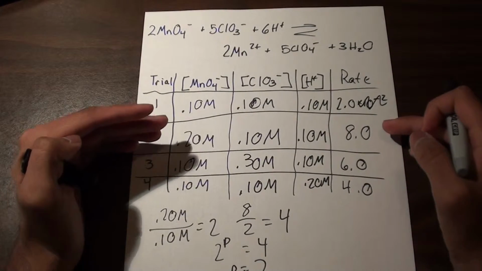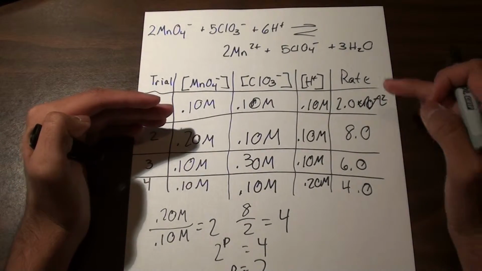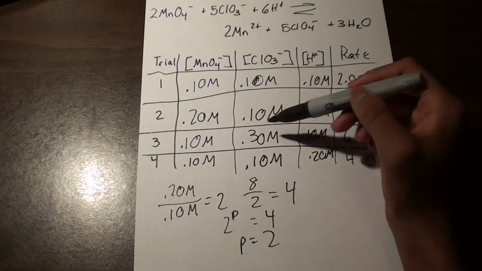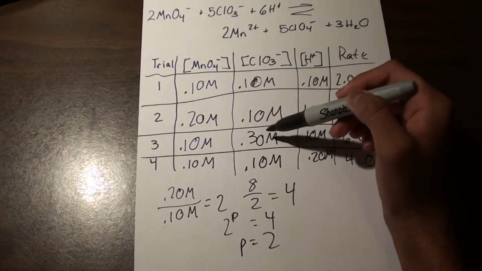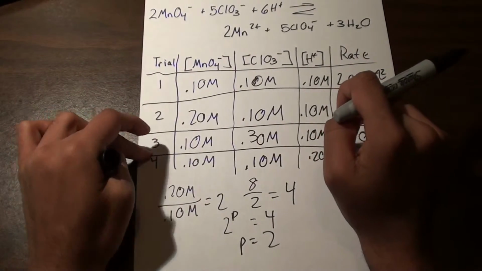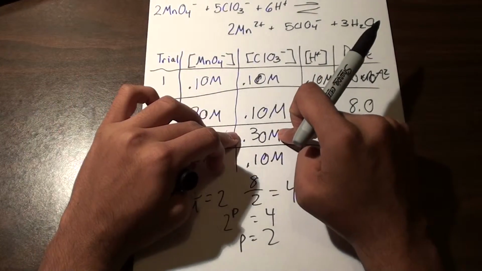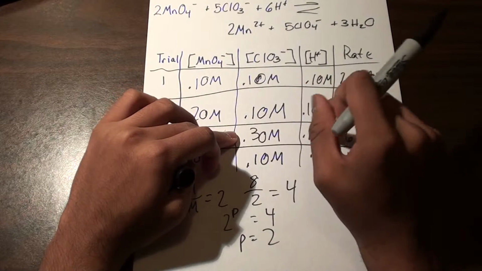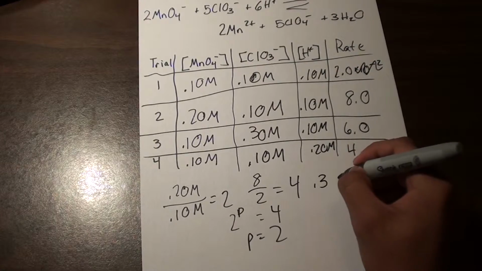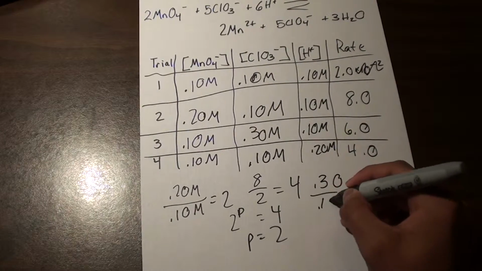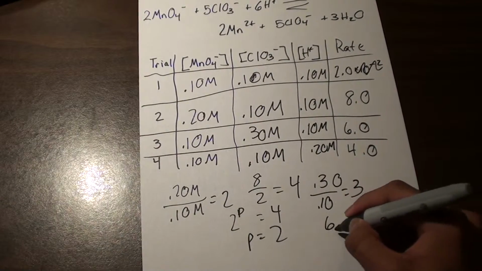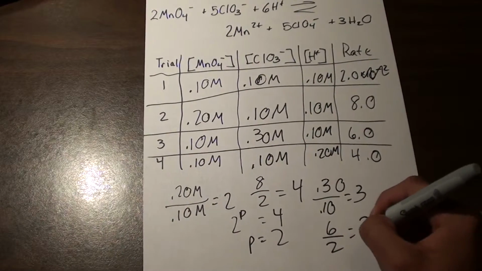Then for the chlorate, trial 3 is where the concentration of chlorate changes. If we compare trials 1 and 3, where everything else is the same except the chlorate ions, we'll see that it's 0.10 to 0.30, so a factor of 3, and the change of the rate is 6 over 2, which is 3.